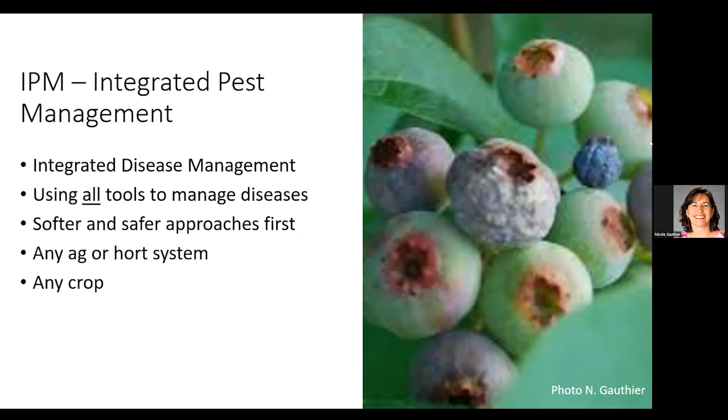And so it's not just reserved for one small niche within our fruit industry. Also, IPM fits any crop. So perennial crops, annual crops, agronomic row crops, or small greenhouse in your backyard. So IPM fits everywhere. And today I'm going to talk about it in that very general sense.